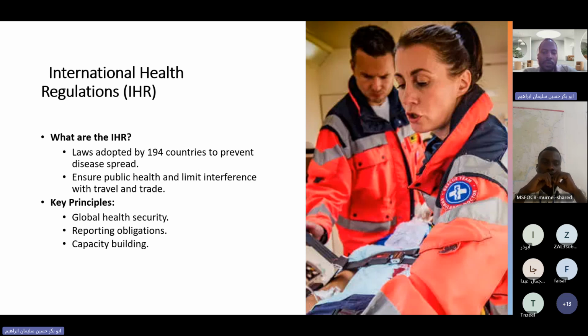Right now, if you look at the developed countries, they produce the pollution and developing countries are affected by it. At climate change conferences, they pressure the developed countries to pay money to the developing countries so they can control or face these challenges which come from pollution and climate change.